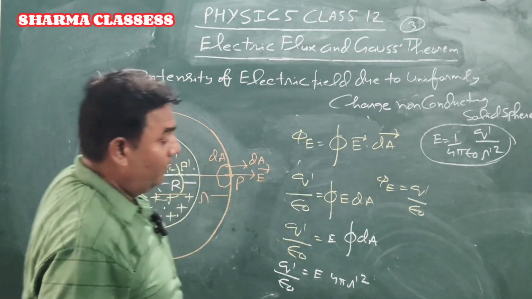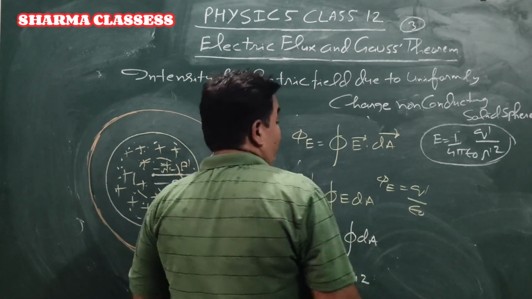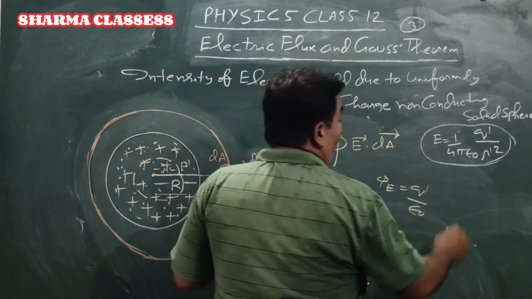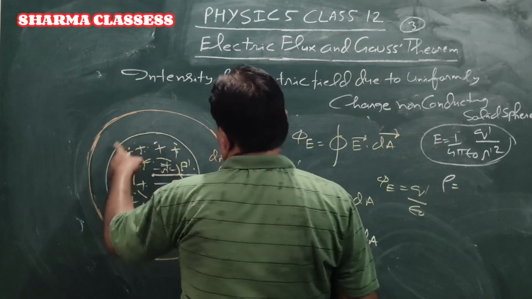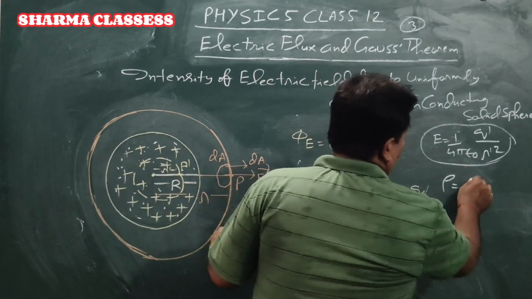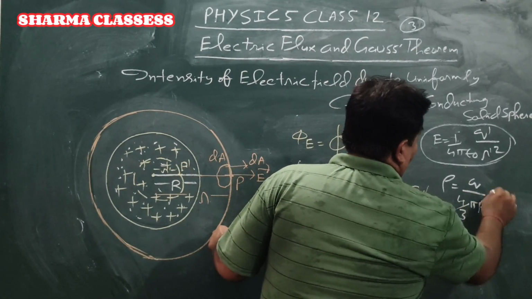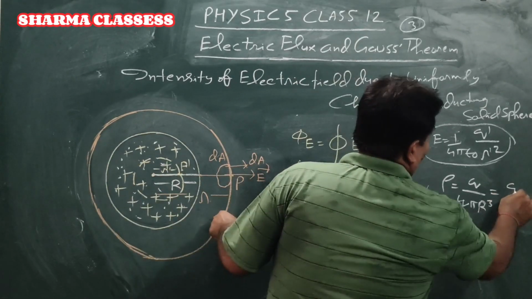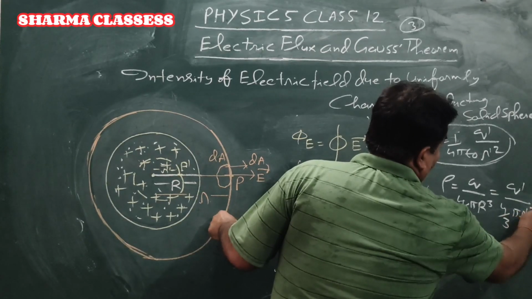To eliminate it, we take the help of volume charge density, denoted by rho. Rho for the whole sphere is Q upon 4 by 3 pi R cube, and the volume charge density of this small sphere is Q dash upon 4 by 3 pi r dash cube.